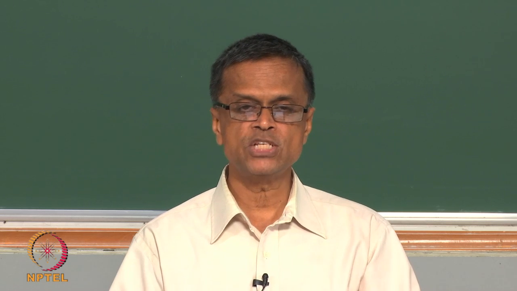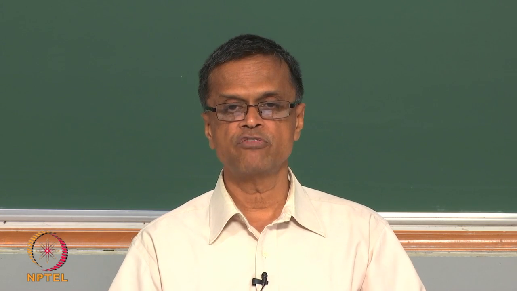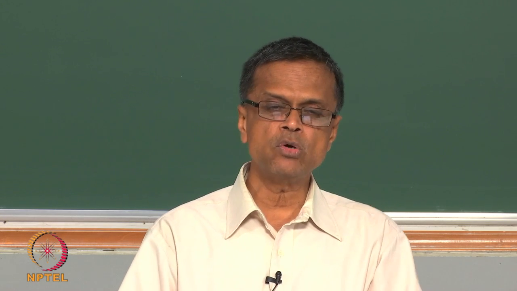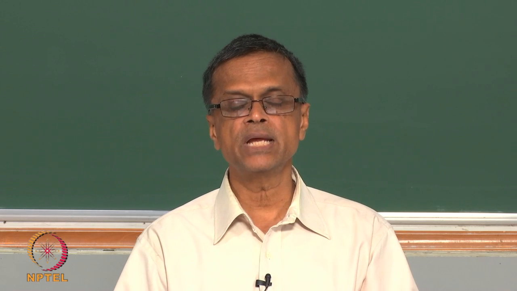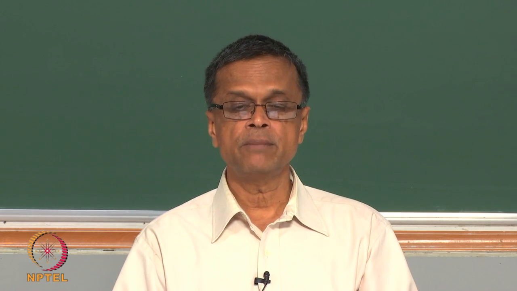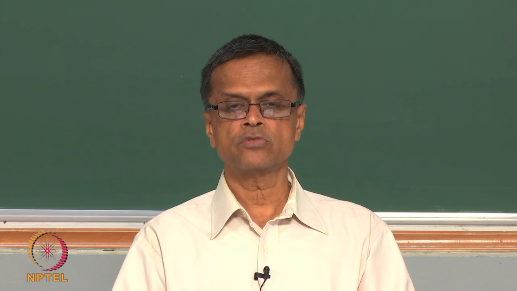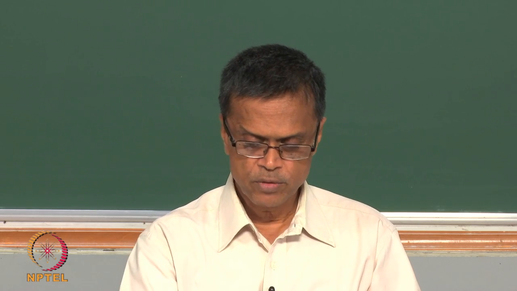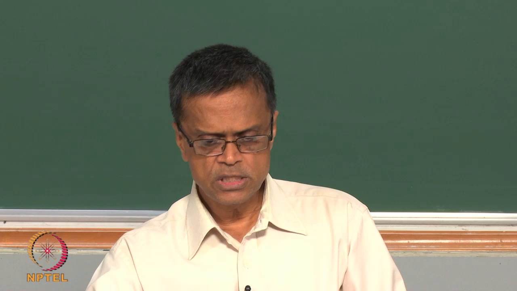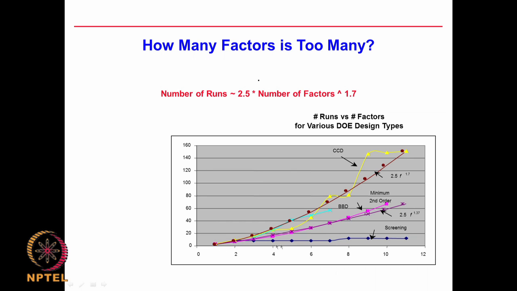So, you will do a much smaller number of experiments, like half, 1/4, 1/8, but you lose out on some other parameter, we will talk about it later on. But the number of experiments goes down if you are doing half or 1/4 of the full factorial experiment. So, this figure tells you as you keep on increasing the factors, it keeps on going up. That is not a very good idea to do.